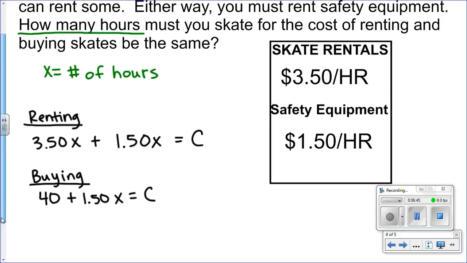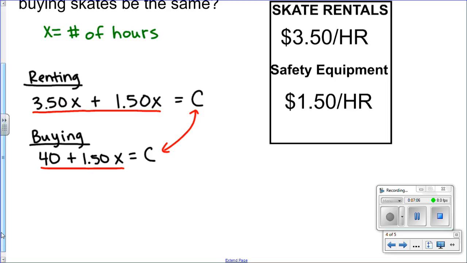Now the trick here is when I want the renting and buying to be the same, I want the costs to be the same. So what I have to do is set the renting skates equal to the buying skates.